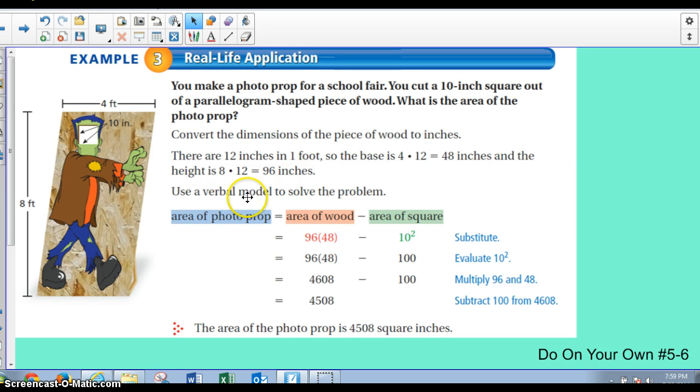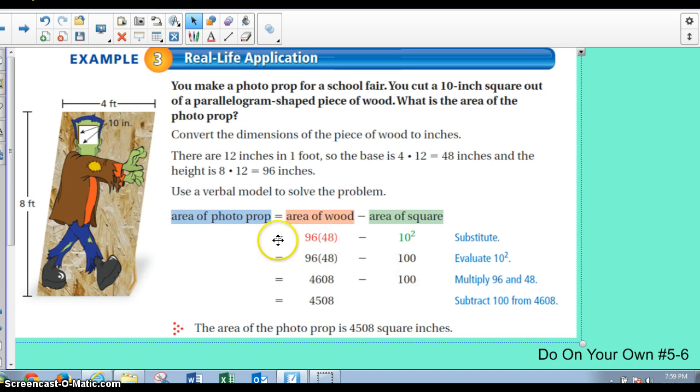So here is how you solve the problem. You need to know the area of the photo prop. You have to take the area of the wood, which we have already calculated, it's 96 times 48, minus, because you want to take out this, 10 squared. 10 times 10, 10 squared. 10 squared is the same as 100.